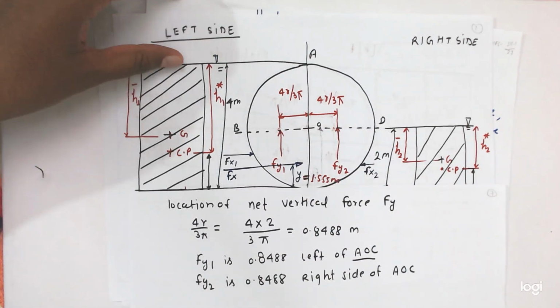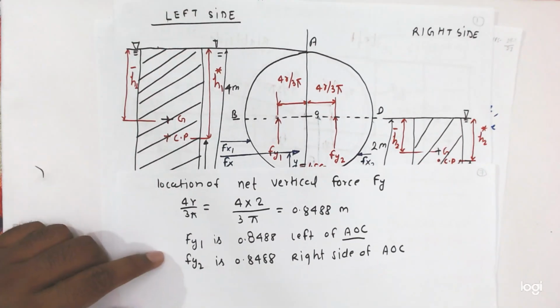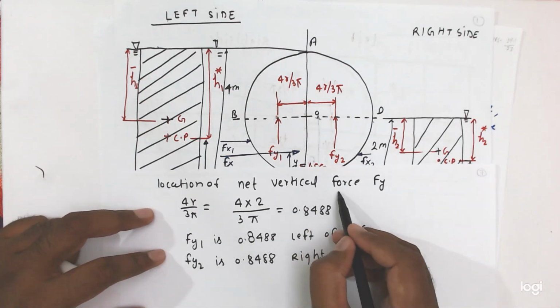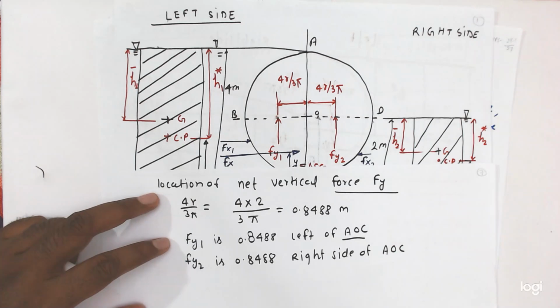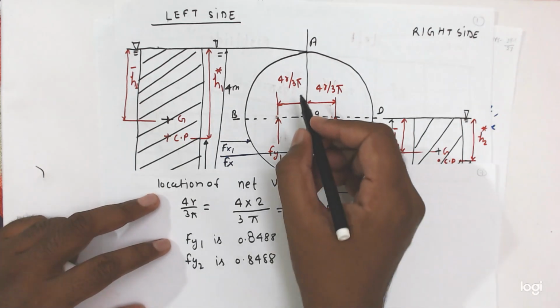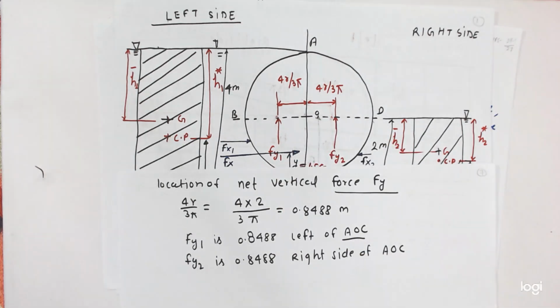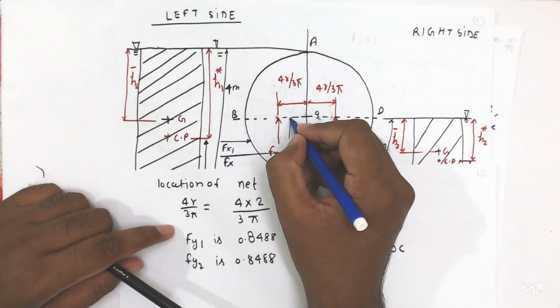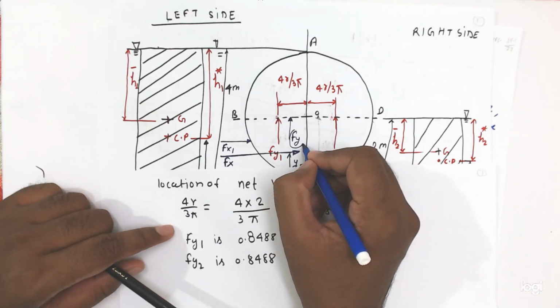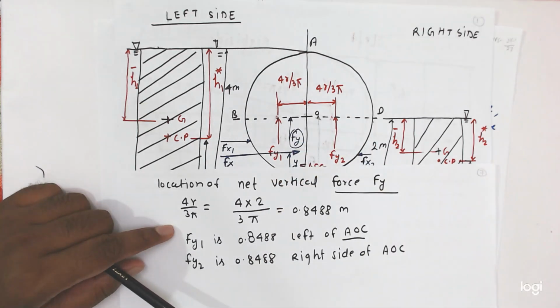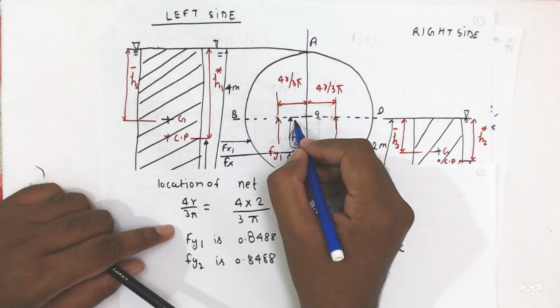Now we have to find the Fy value. Let's suppose somewhere here this net force Fy is working, and its distance is, let's suppose, x distance.